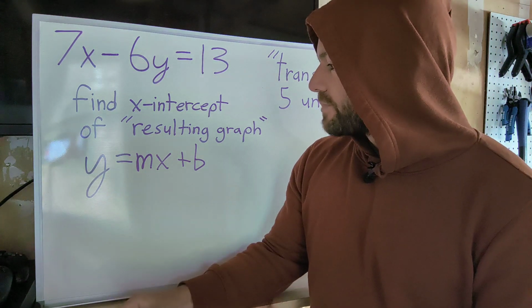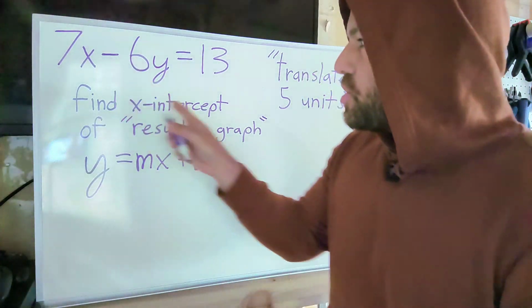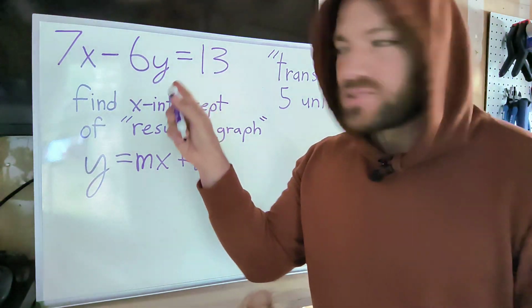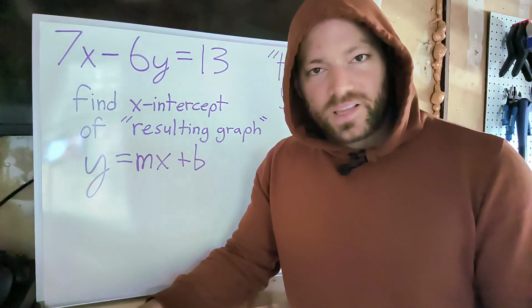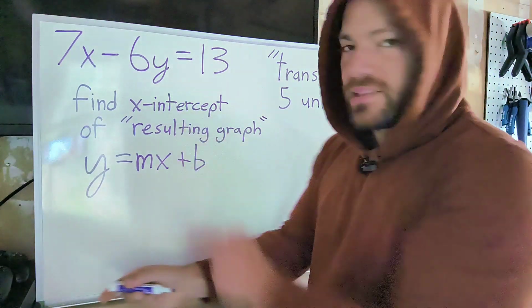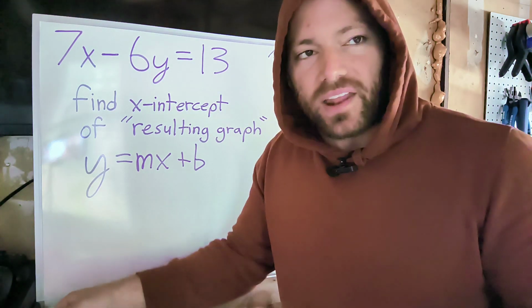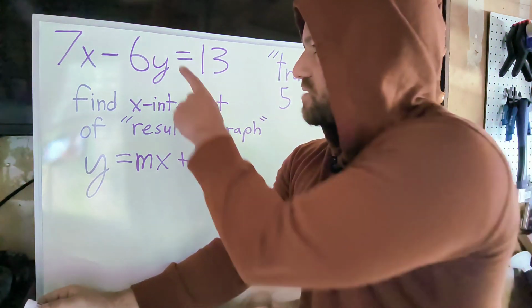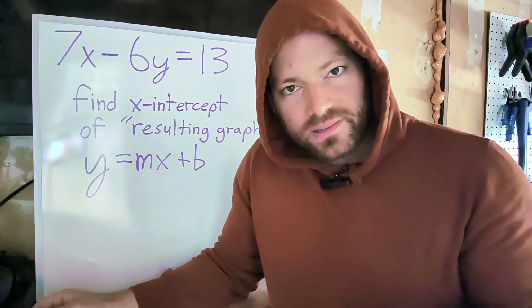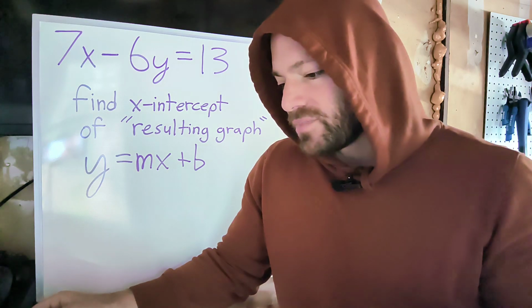Okay. So I could rearrange this equation to get it into y equals mx plus b form. I could subtract both sides by 7x and then divide by -6. But personally, what I like to do is take advantage of those standard form shortcuts. I talked about those in another video. I'll probably link to it in the comments.